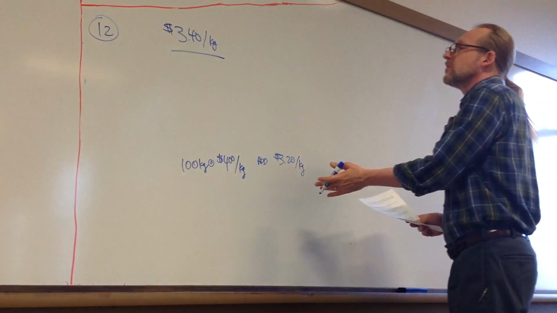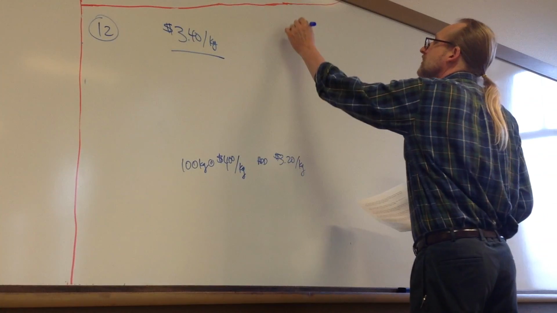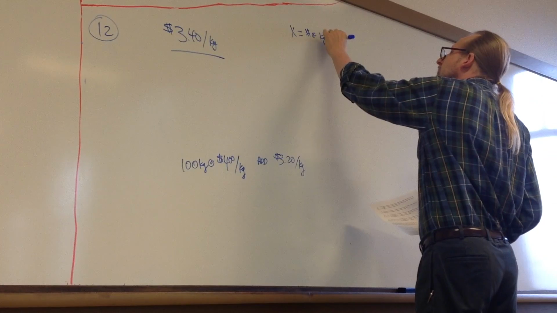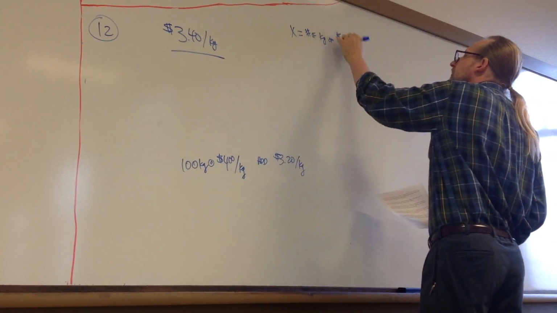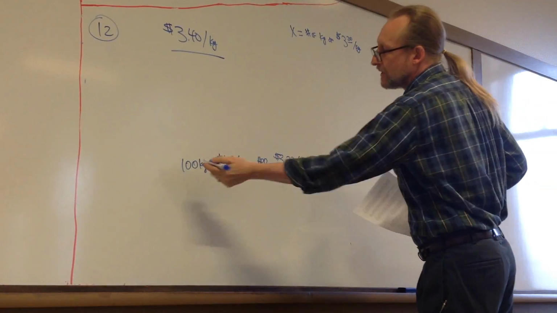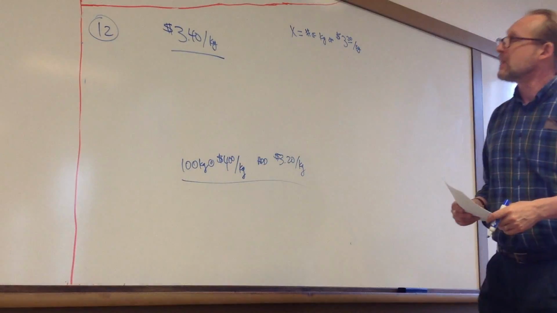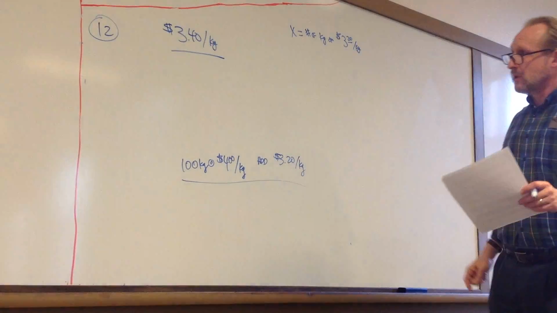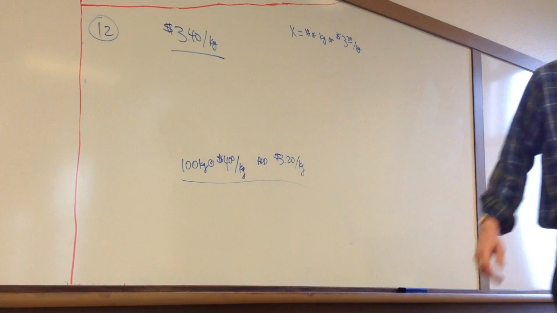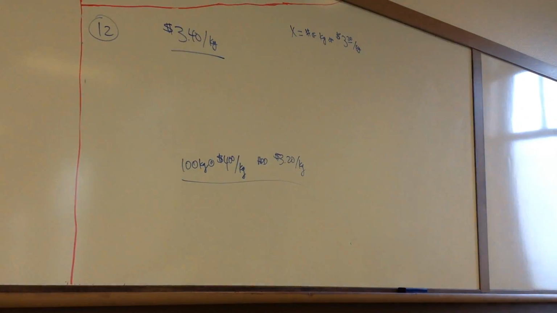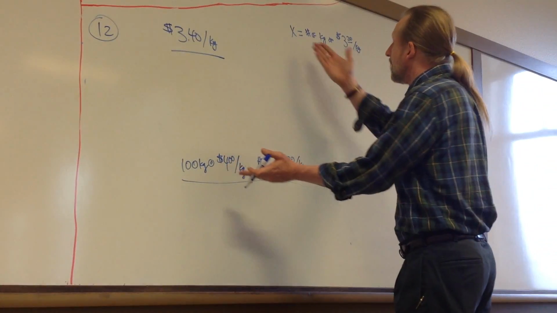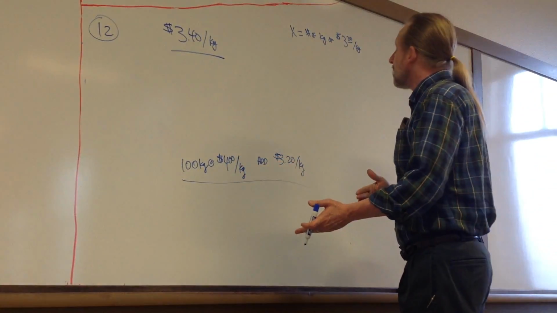So that's our variable. Okay, this is going to be our x. X equals the number of kilograms of these nuts at $3.20 per kilo that have to be added to this existing mixture so that we come out with a final cost of $3.40 per kilo. Okay, so now the total mixture is going to have 100 kilograms of the original mixture, X kilograms of these other nuts.